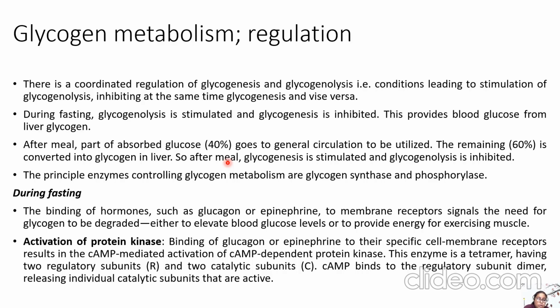Binding of glucagon or epinephrine to the specific cell membrane receptors results in the cyclic adenosine monophosphate mediated activation of cAMP dependent protein kinase. This enzyme is a tetramer having 2 regulatory subunits and 2 catalytic subunits. Cyclic adenosine monophosphate binds to the regulatory subunit dimer, releasing individual catalytic subunits that are active.